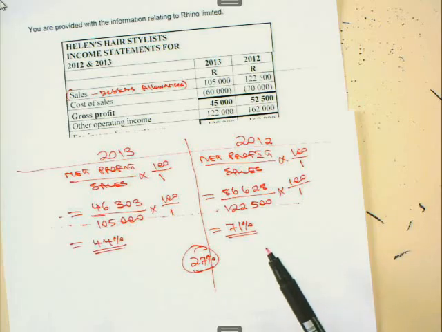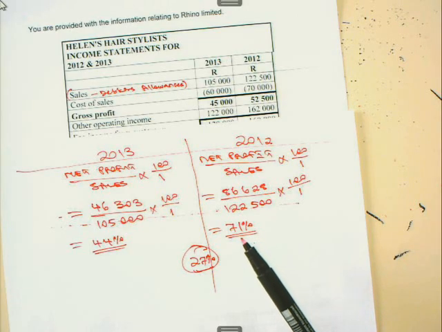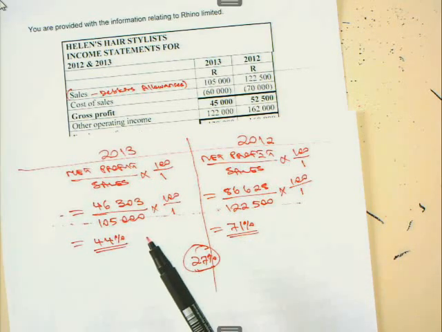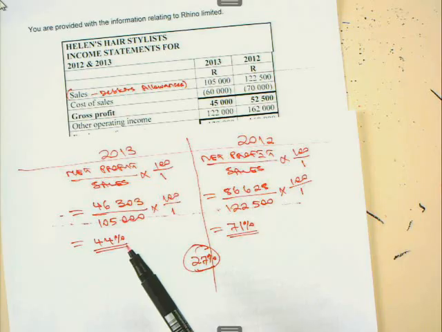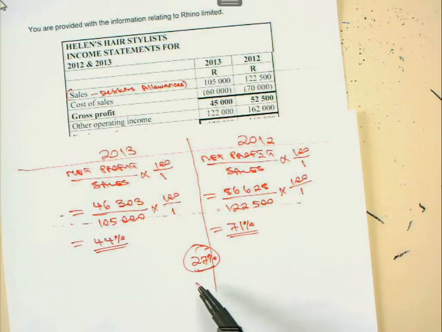It tells us that for every 1 rand of sale in 2012, the business was earning 71%. A huge 71%. But for every 1 rand of sale in 2013, the business is now earning 44%. It's a decline of around 27%.